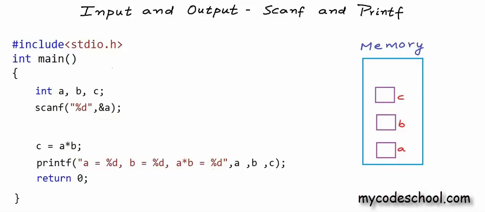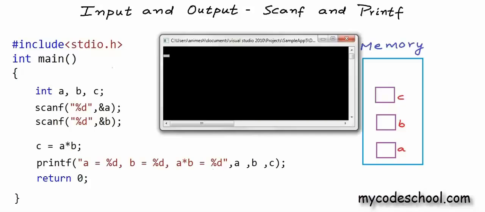What I'll do now is write one more scanf statement here, and this time the second argument is ampersand b. Now I want to run this program and show you what will happen. When I'm running the program, nothing is coming on my command line or console. I have a printf in my program, but nothing is getting printed.